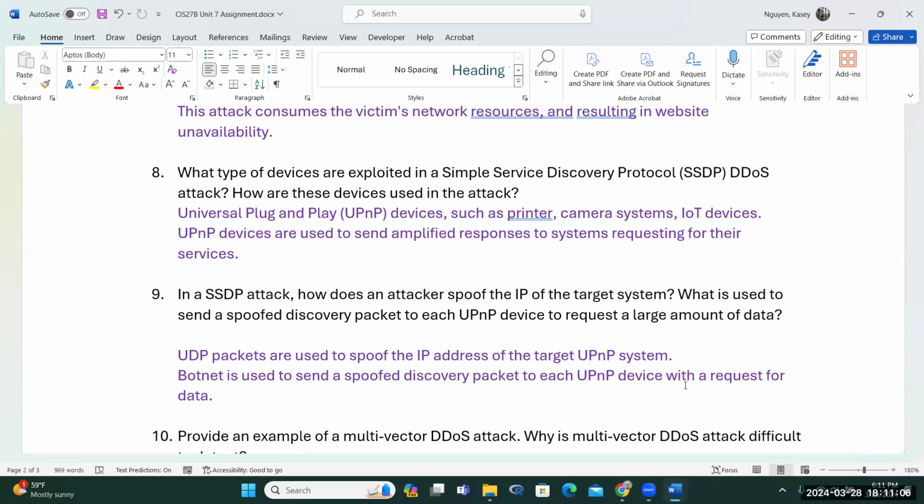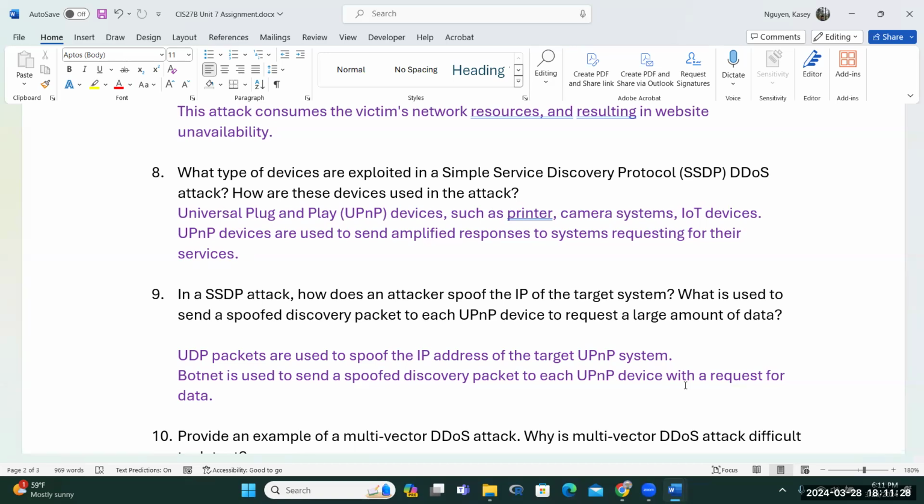Okay, so in the attack for question 9, how does the attacker spoof the IP address of the target system? What is used to send the spoofed discovery packets to each of the devices to request a large amount of data? To break this down, UDP packets are used to spoof the IP address.